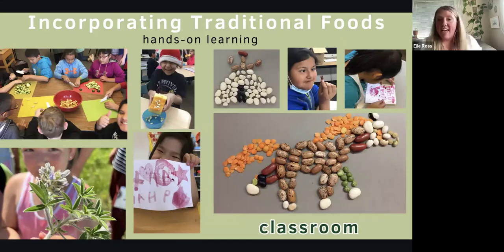So we looked for ways of having hands-on lessons, letting students engage with the food, not only learning what it's supposed to taste like, but what it feels like, how it can be used. And so now you can see the teepee and the horse. Here we have a lentil lesson and just letting students play with their food.